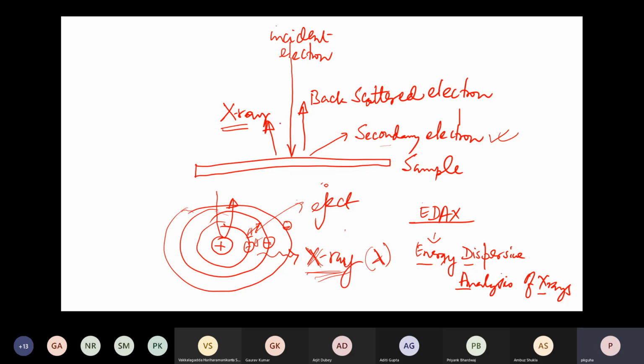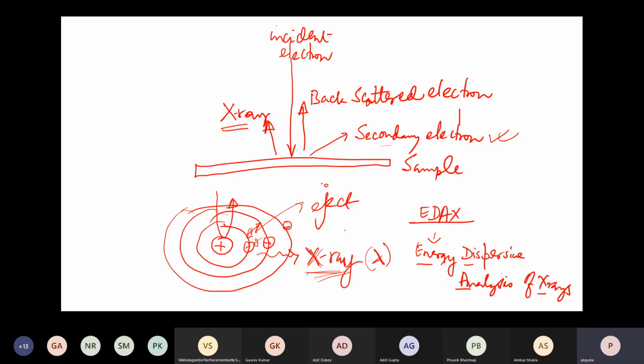X-ray will come out when this incident electron knocks out electrons closer to the nucleus, and then some electron from higher orbitals will jump and might release X-ray. This is good for elemental analysis. And there is backscattered electron. Backscattered electron will be the incident electron itself. It is scattered inside the sample and coming back. This is kind of an elastic collision.